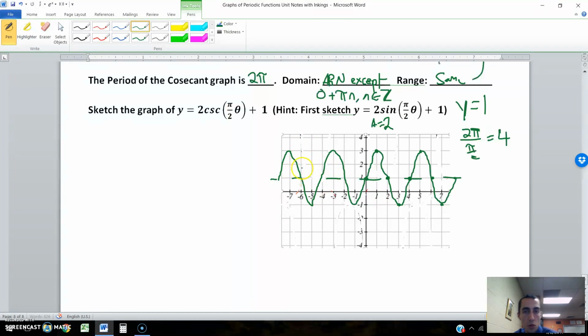And so the asymptotes for the more complicated cosecant and secant graphs will be located at the spots where the sine graph crosses the midline. So in this case, the asymptotes would be located under the asymptotes in red, about here, here, and so forth. We'll draw on those asymptotes.